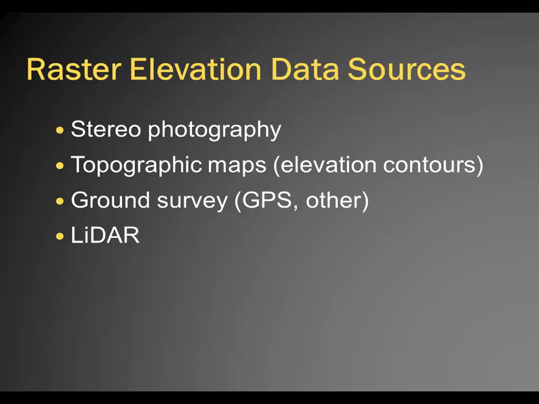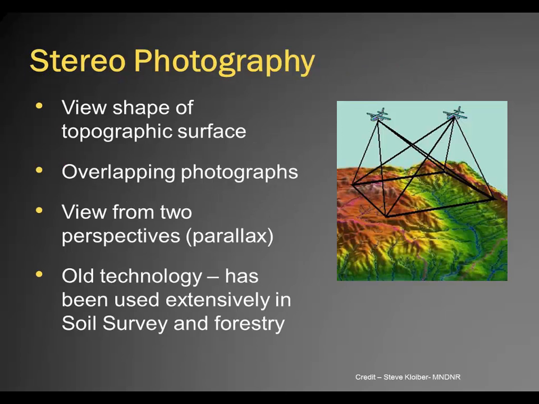These were originally prepared from ground surveys, and these ground surveys fed topographical maps and contours. As we moved through the 19th century, they employed stereophotography to create them. And now, in the 20th and 21st century, we're using LiDAR to derive these. So there's a time frame of evolution through these processes.